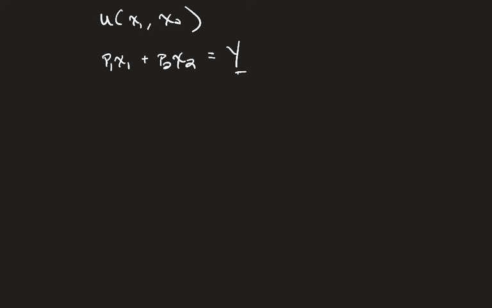So the new budget constraint will look like P1x1 plus P2x2 equals your endowment. Your endowment we'll call omega 1 and omega 2.